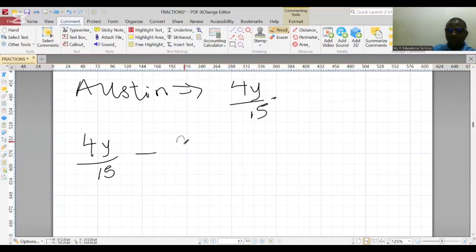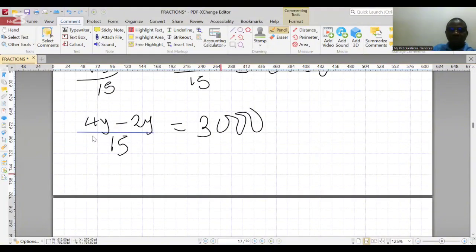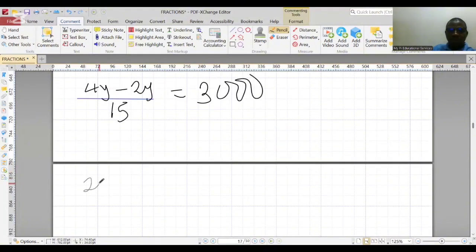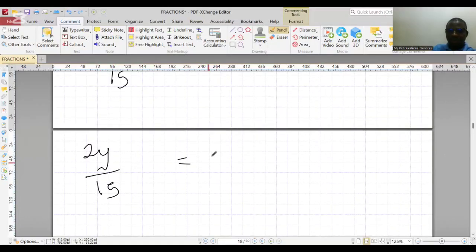So I will have 2Y out of 15, and this is greater by 3,000. Then when you solve the fractions here, these are like fractions. We have 15, then 4Y minus 2Y equals 3,000. And 4Y minus 2Y will give you 2Y out of 15 equals 3,000.